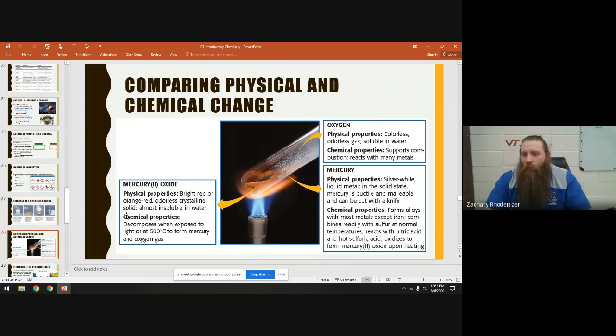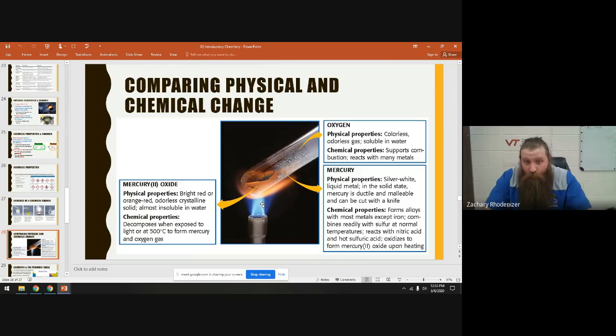Now, on a book that I used to use, this was the picture on the cover, and it's showing a color change, right? You can see right here, this mercury oxide is going from red to, you can barely see a little bit of silver there, a little bit of silver there. We've definitely produced bubbles, okay? We've got steam being produced. This is an extraordinarily dangerous reaction.